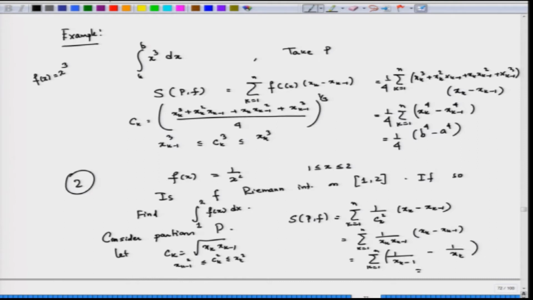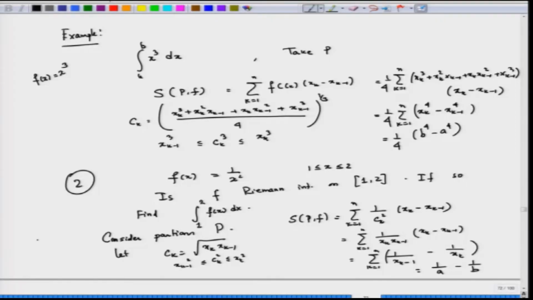Now, this is again a telescopic sum. So, what we are going to get is 1 by a minus 1 by b. So, that is why for each partition P, by choosing c_k cleverly, we found that S_P of f, the Riemann sum for this partition, is going to be 1 by a minus 1 by b.